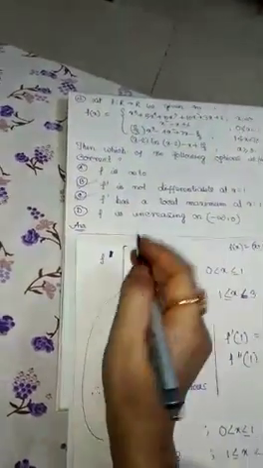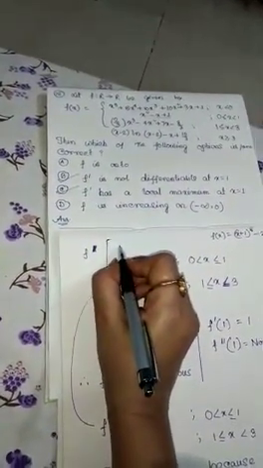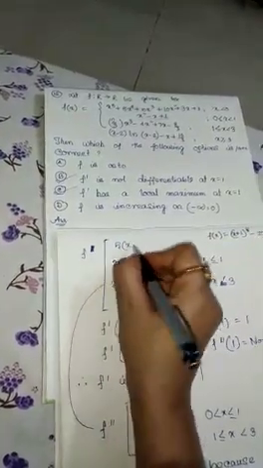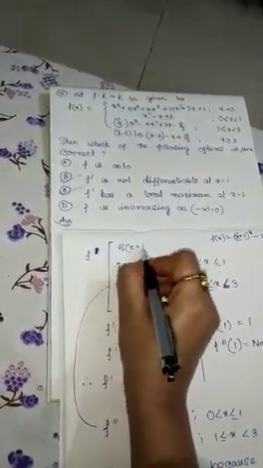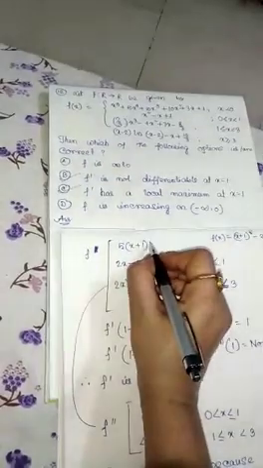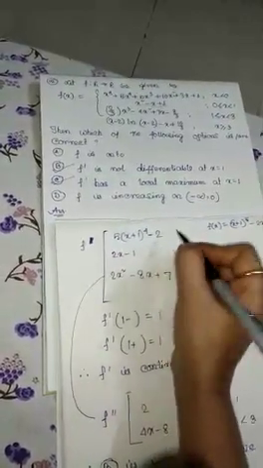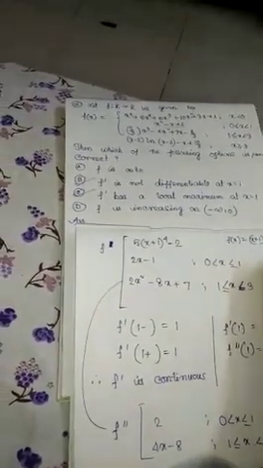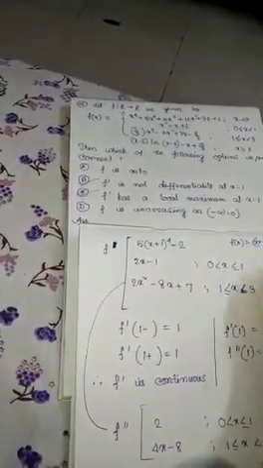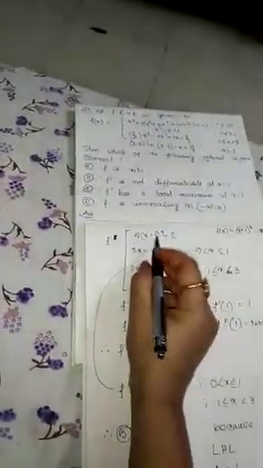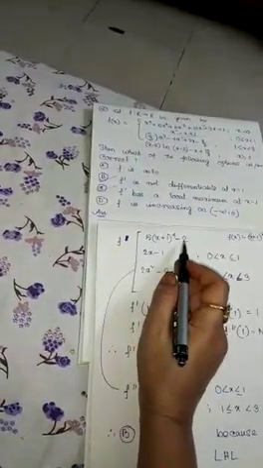Therefore, after calculating f', we get 5(x + 1)^4 - 2.